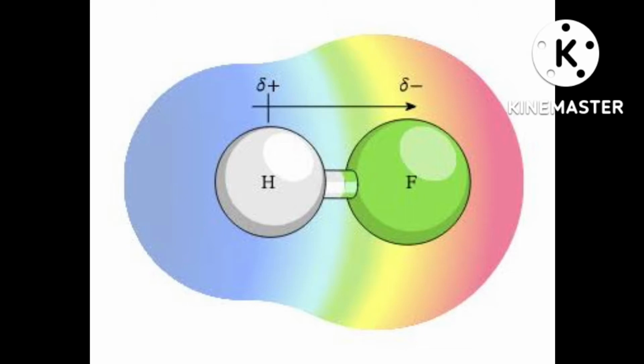The first ionization enthalpy of boron, Z equal to 5, atomic number 5, has the electronic configuration 1s² 2s² 2p¹, and beryllium is one less, that is 1s² 2s².